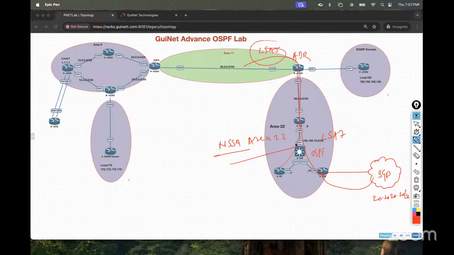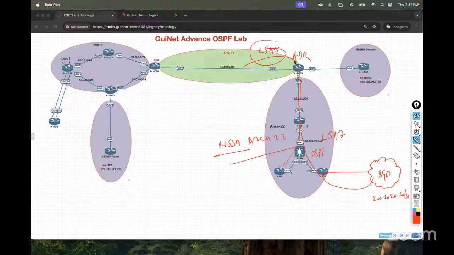If it stays in the NSSA area, it is known as LSA 7. So it is more similar to LSA 5, but it is used in the NSSA area. And when it crosses the border and travels to another area via the ABR, it is converted into LSA 5.